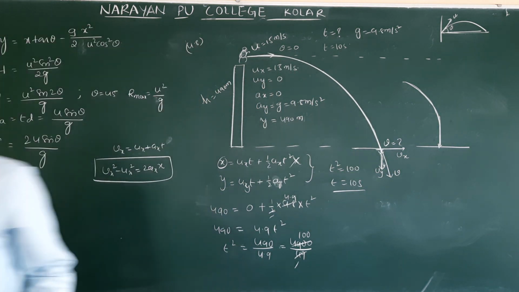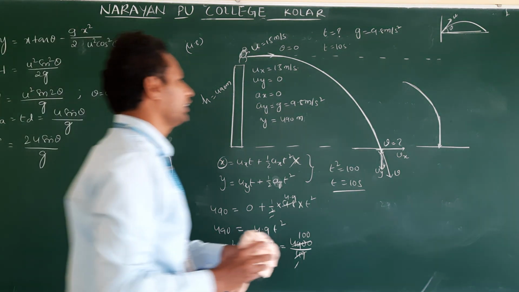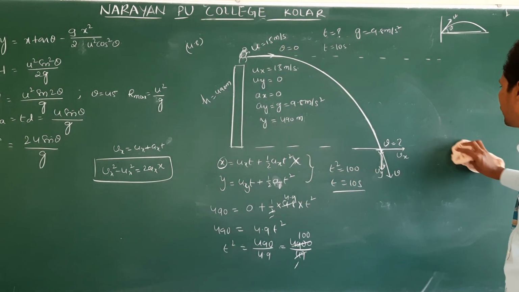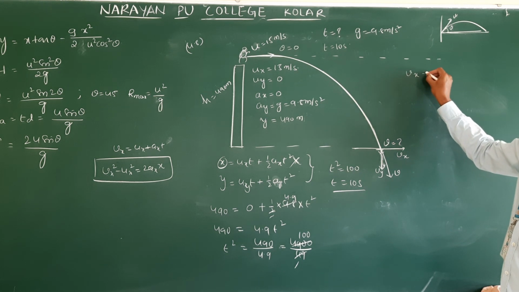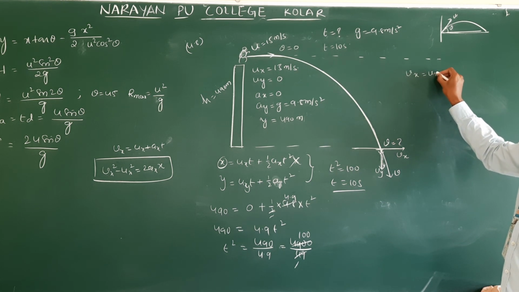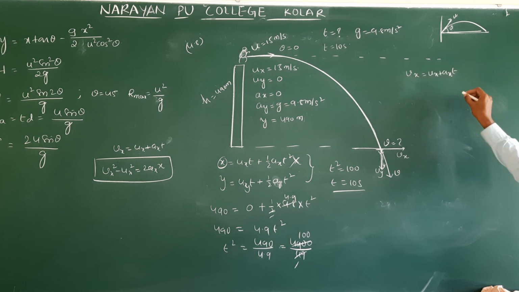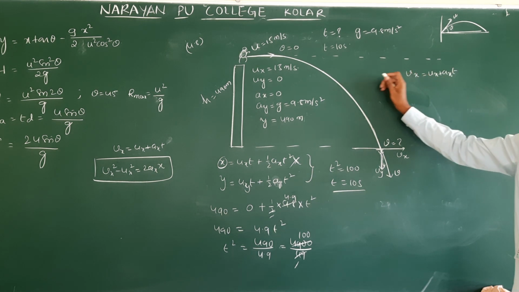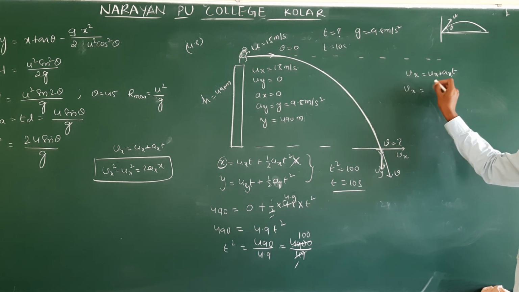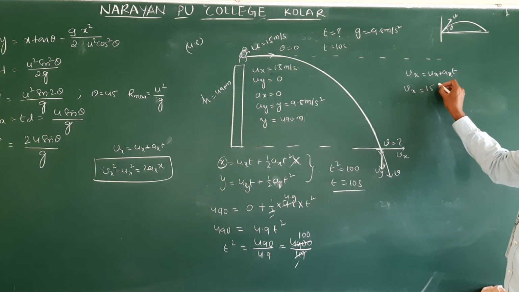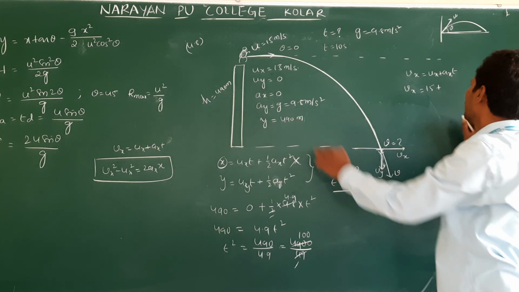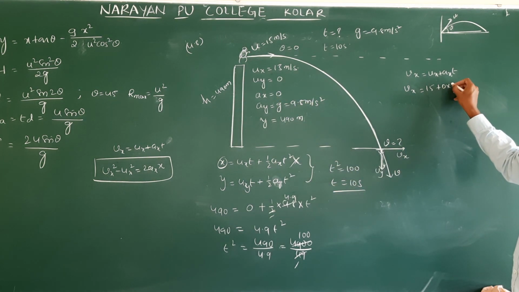Then how do we find Vx and Vy? We have equations. Already I gave them. What is Vx? Vx is equal to ux plus ax t. Next, substitute, first Vx. Vx is equal to ux along x direction, which is 15 meters per second, plus what is the ax value? 0. 0 into something is 0.